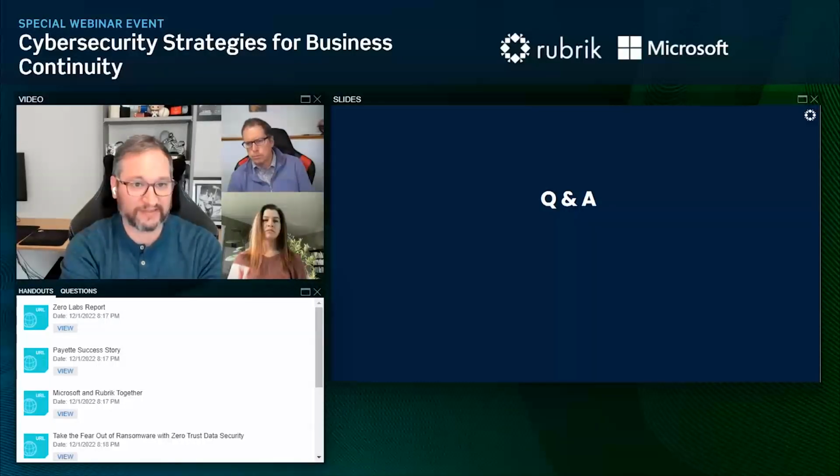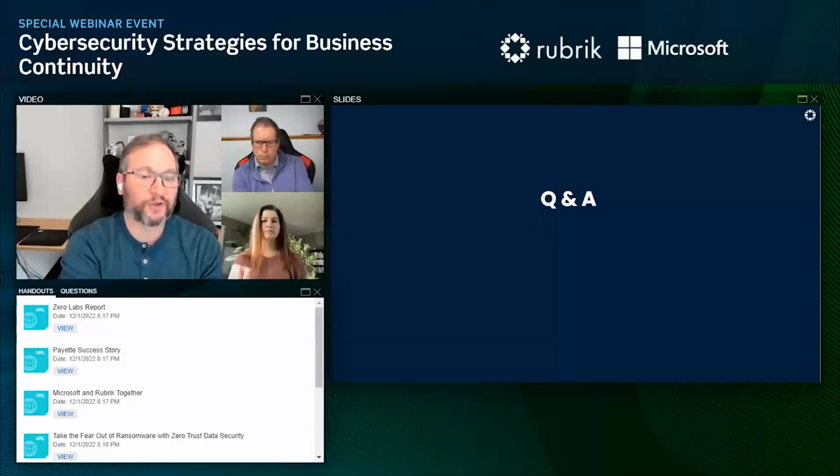They make it easy to get data in and out, but they don't provide any kind of built-in or on-by-default redundancies. So you have to go in and enable things like cross-region replication. You have to make sure that you've got capabilities to make sure that that data is safe and accessible and there when you need it.